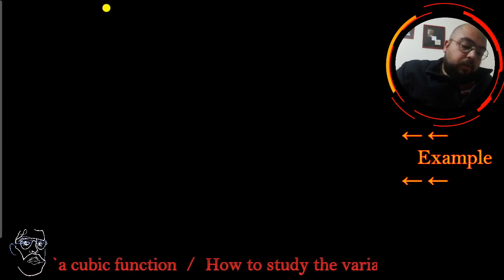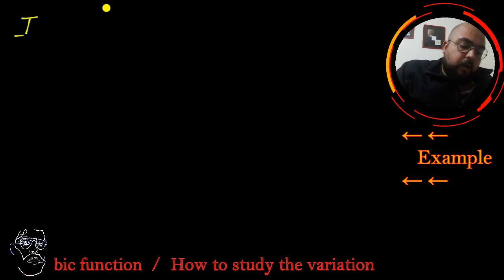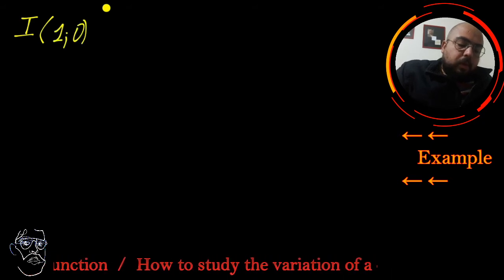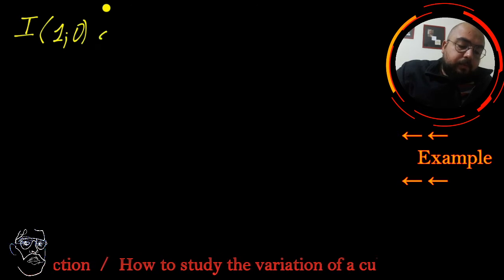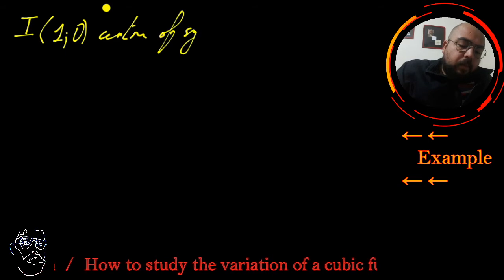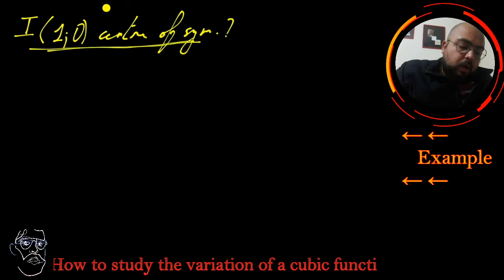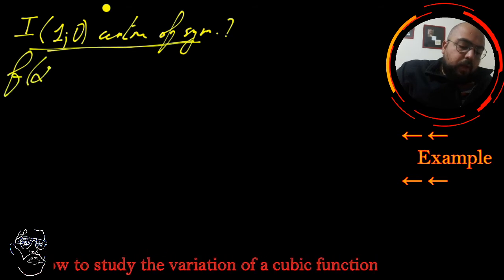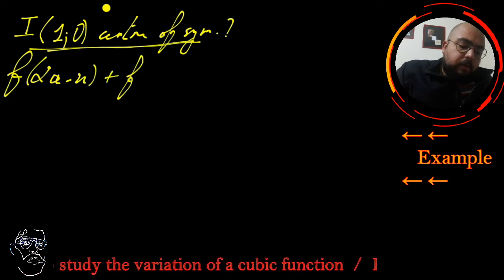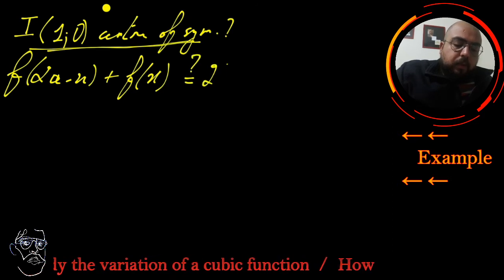How are we supposed to say that our point, let's say it's I, 1, 0, is a center of symmetry? So the formula will be f of 2a minus x plus f of x, is it equal to 2b?